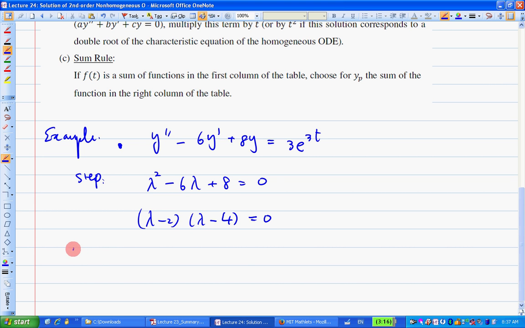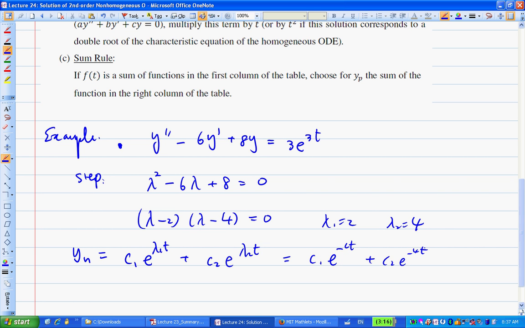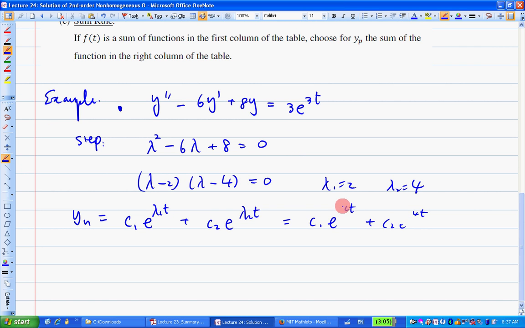You also have to make sure that your yh is right. yh is C1 e to the lambda 1 t plus C2 e to the lambda 2 t. The lambdas here are 2 and 4, but I've seen the mistake C1 e to the negative 2 lambda t plus C2 e to the negative 4 lambda t. That's also wrong, and the rest of the work will also be wrong. So don't make this kind of mistake.